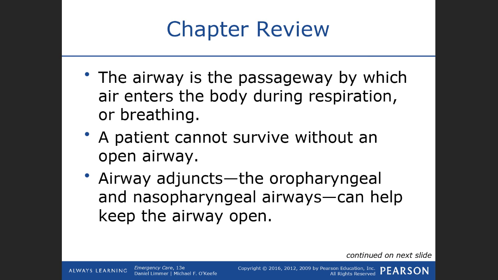Airway adjuncts, the oropharyngeal and nasopharyngeal airways, can help keep the airway open. The indication for the oropharyngeal airway: the patient must be unresponsive, with no gag reflex or chest rise. Indication for the nasopharyngeal airway: the patient must be semi-responsive with a gag reflex present.